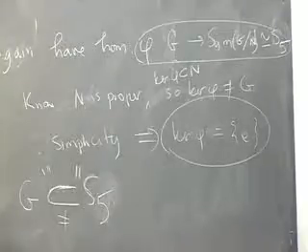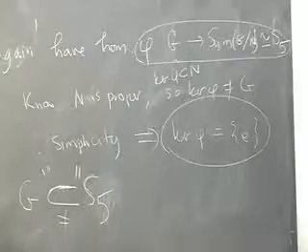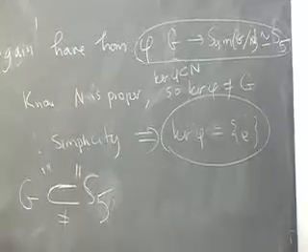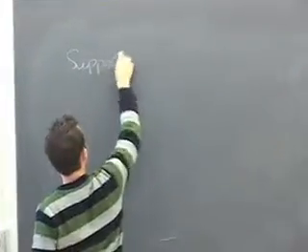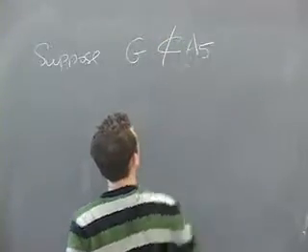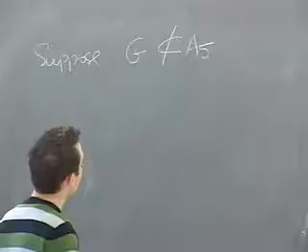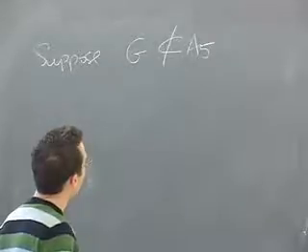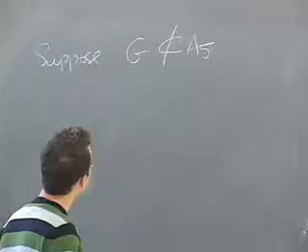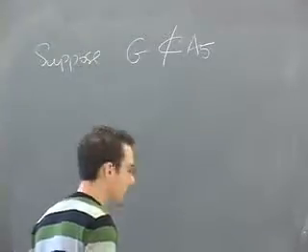So now let's suppose that G is not contained in A5. In other words, there's some element of G which is not in A5.